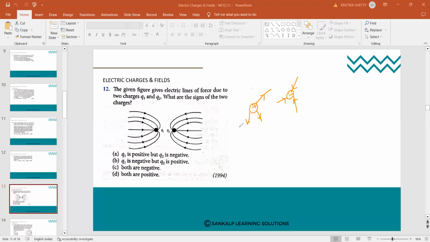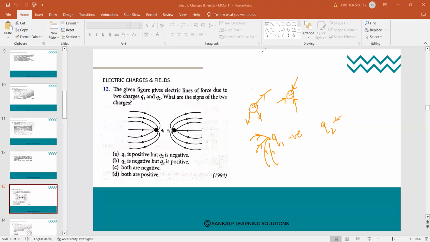So here, looking at q1, the electric field is coming towards it. So if it is coming towards it, it means it is negative. Next, if you see the Q2 charge, it is the same.